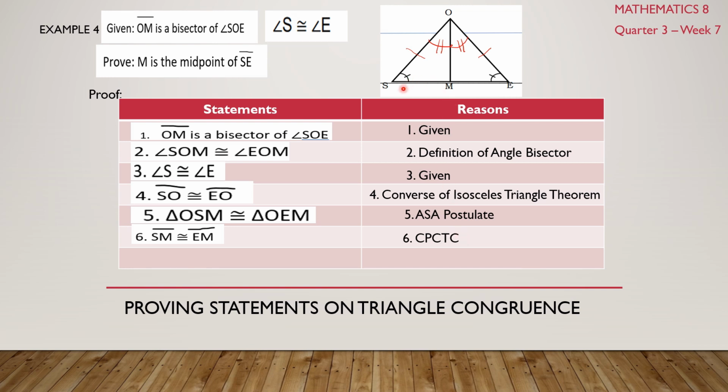Kung itong side SM ay congruent sa side EM, we can now say that point M is the midpoint of side SE. So, our last statement will be point M is the midpoint of side SE by the definition of midpoint.